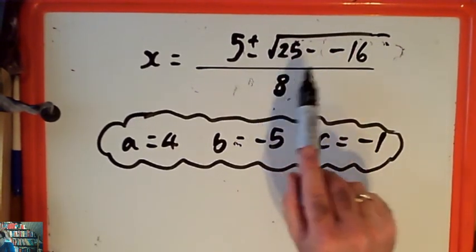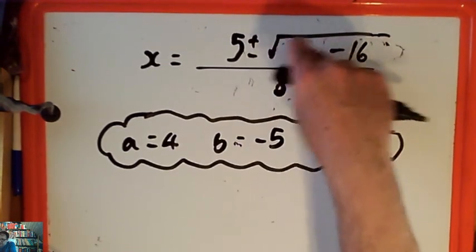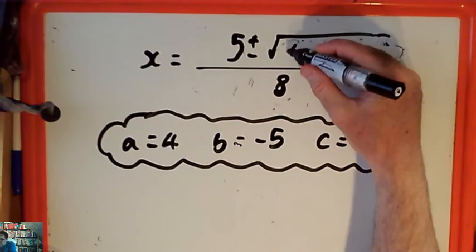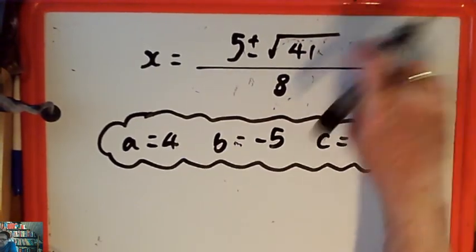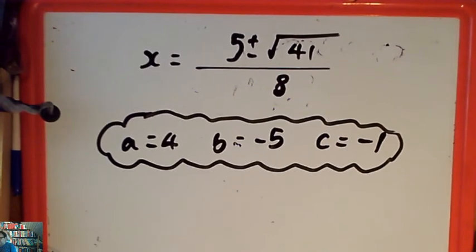So you get 25 minus 16, and minus of course makes plus, so that's the same as 25 plus 16, which is 41. So you get 5 plus or minus the square root of 41 divided by 8.